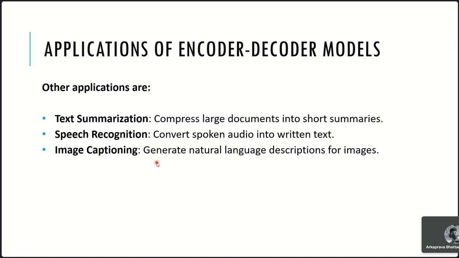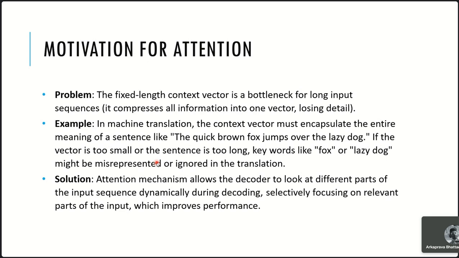So now what is the problem with the encoder decoder model? It is that fixed length context vector. With long input sequences, we are trying to compress it into one fixed length context vector, so there are chances that we will lose important information from that input sequence.